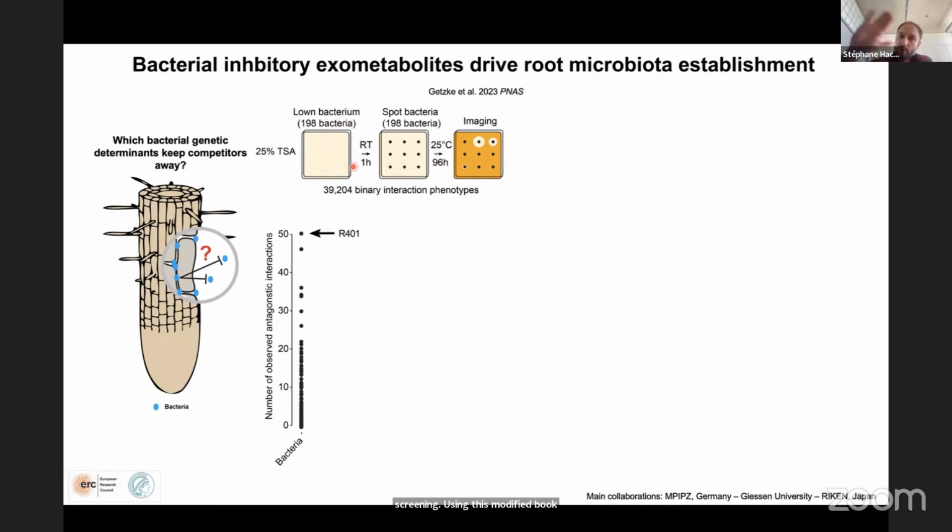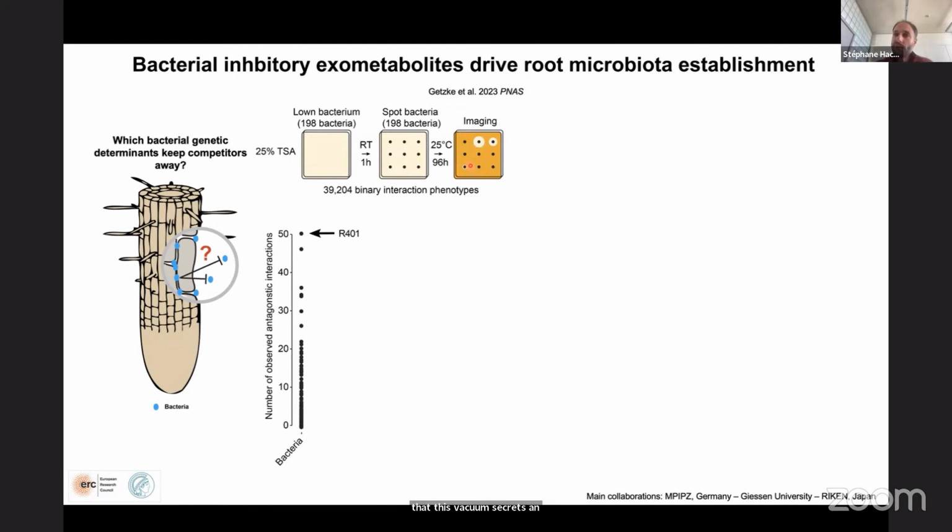So basically you have a lone bacterium here, and on top of this lone bacterium, you spot different bacteria. And after a few days, you look at the presence of this so-called halo of inhibition that reflects the fact that this bacterium secretes an exometabolite that inhibits the growth of the lone bacterium.